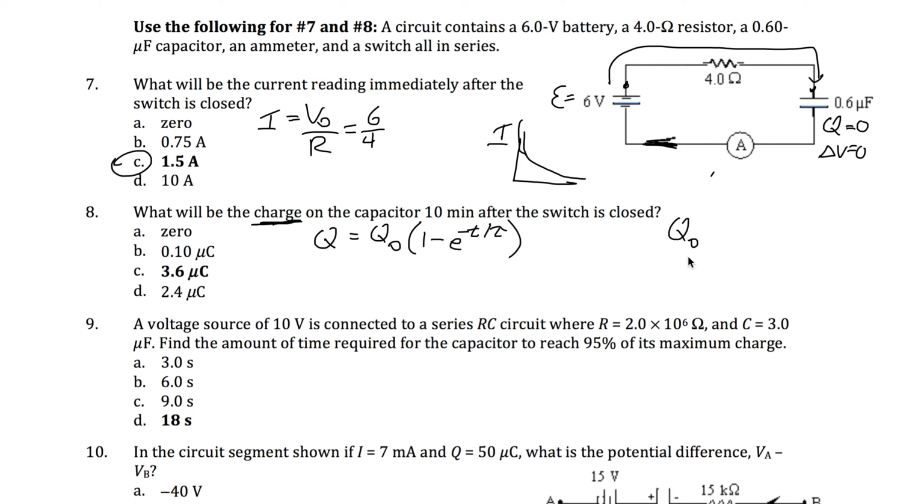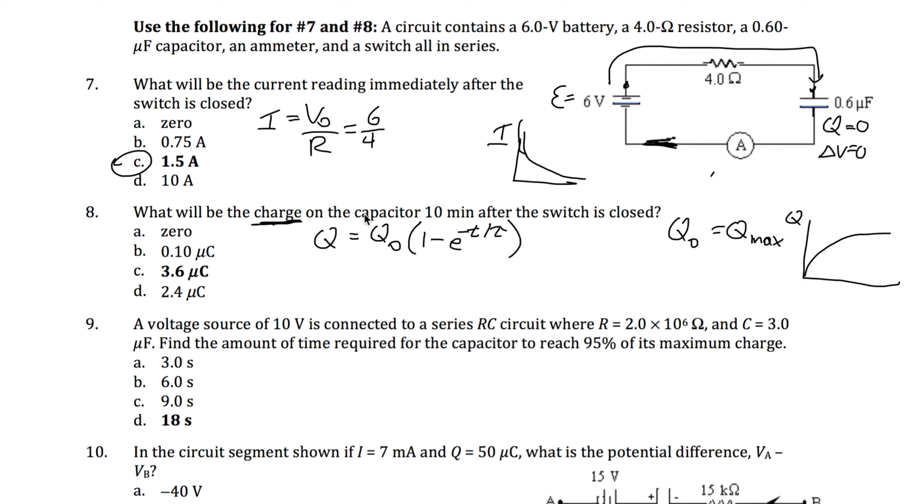this stands for maximum charge. Right, because in this case, you remember this graph, it looked like this. Your capacitor was charging. This was Q. And when you have a charging capacitor, this charge is initially 0.